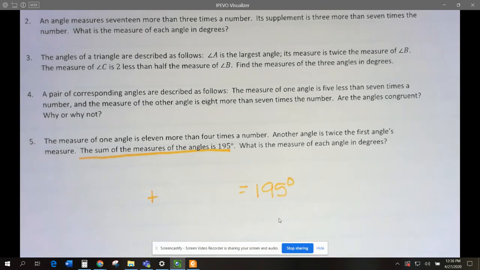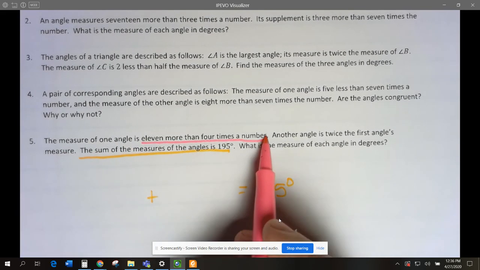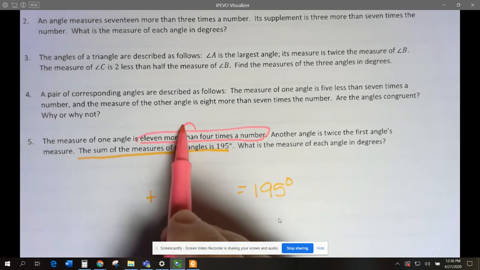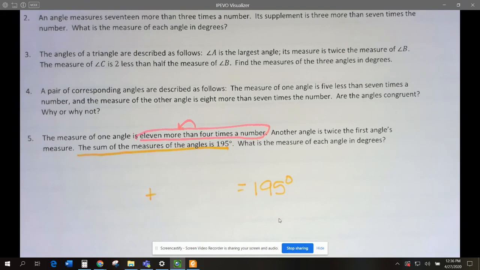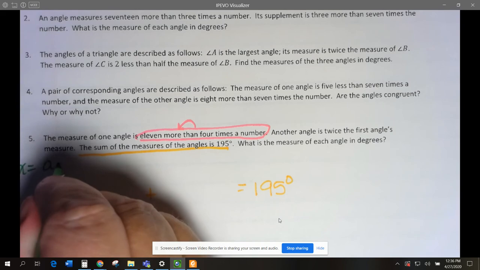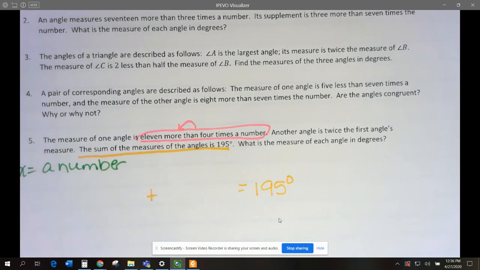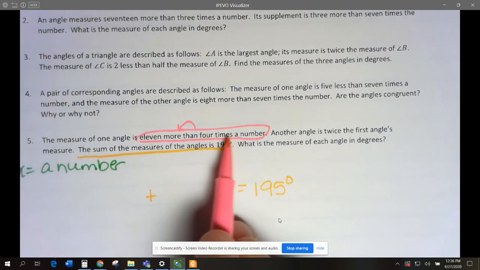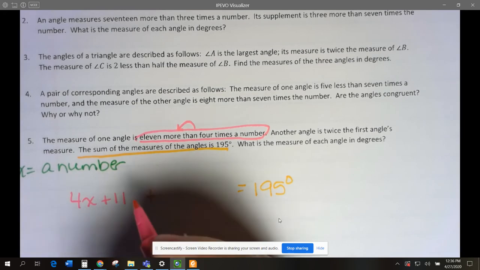So the measure of one angle is 11 more than 4 times the number. Turnaround phrase, 4 times the number. Do we know that number? Can we call that number x? Okay, x is a number. So 11 more than 4 times the number. 4 times the number would be 4x. And 11 more.